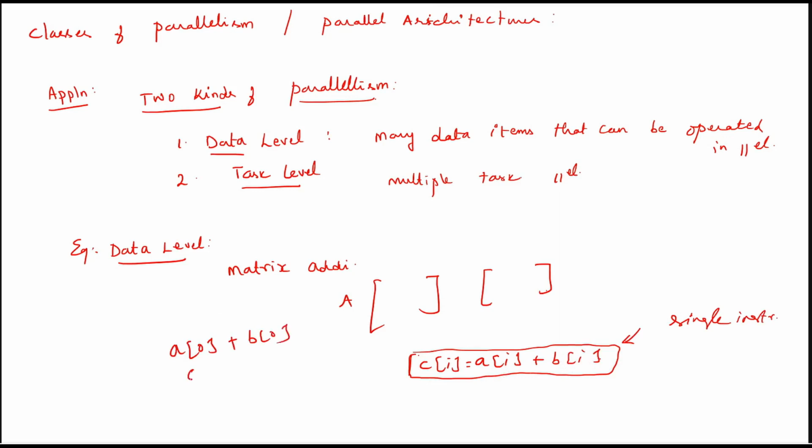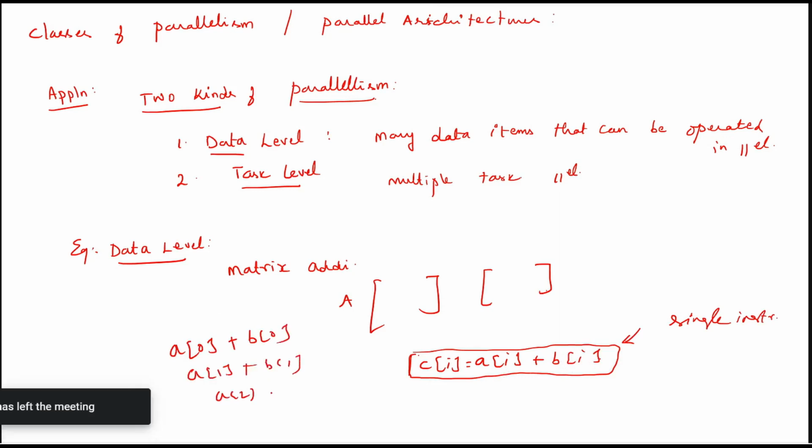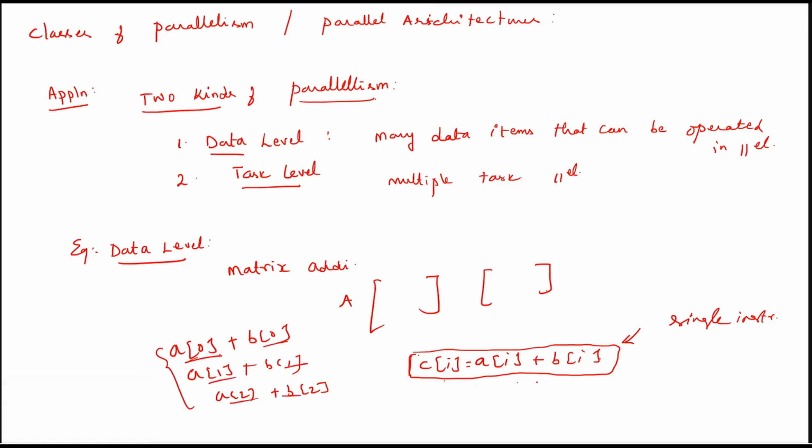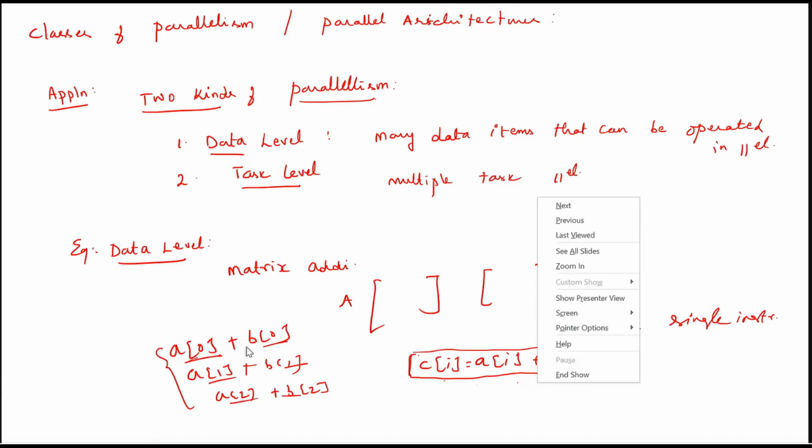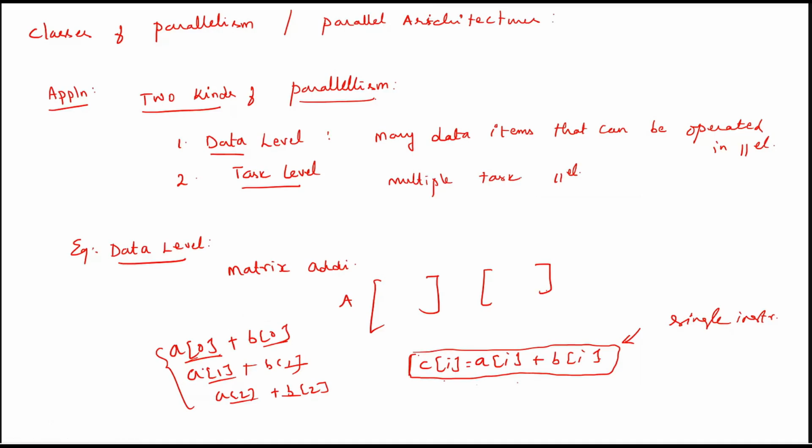It does A of 0 plus B of 0, A of 1 plus B of 1, A of 2 plus B of 2, something like this. These are different data items. We have a single instruction but many data items, so we can parallelize.